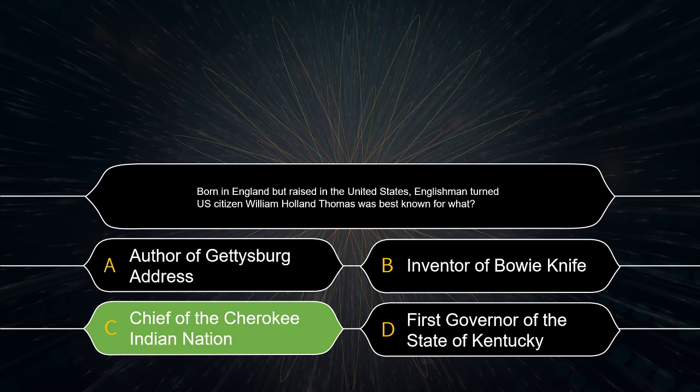And when the chief was on his deathbed, he called people together and said, "It's my wish that William Thomas be elected the next chief over my biological son." And they, I guess, agreed, because they elected William Holland Thomas to be chief of the Cherokee Nation.